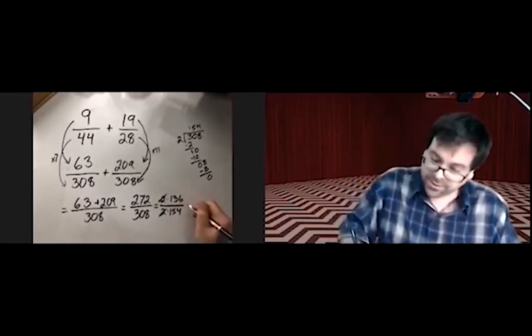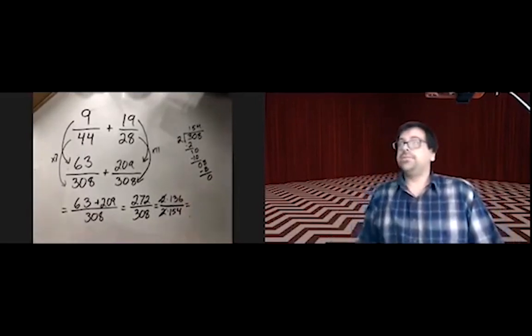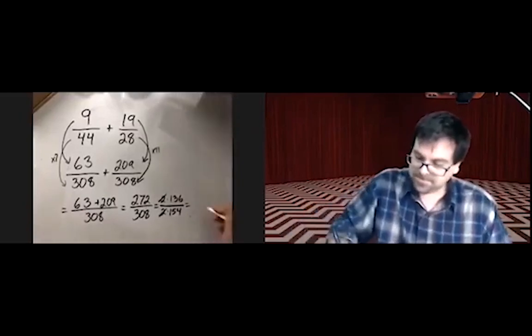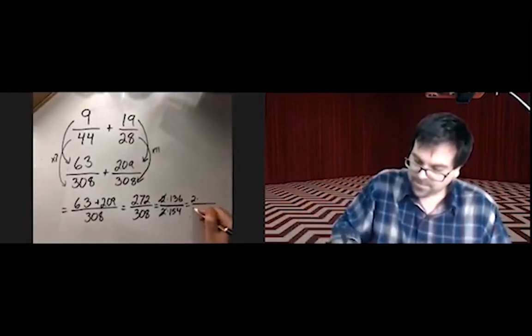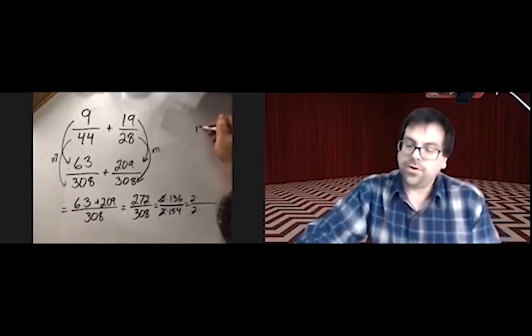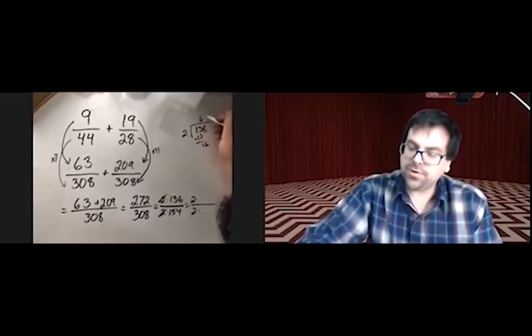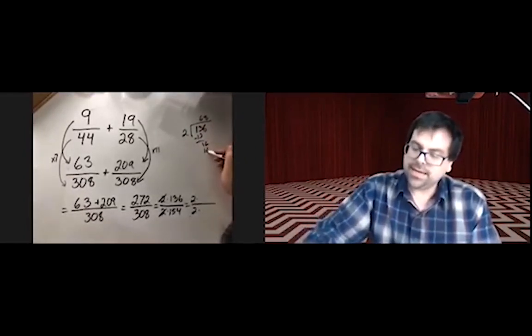Well, these are still even. So we could at the very least divide them both by 2 again. 136 divided by 2. 2 goes into 13 6 times. 2 goes into 16 8 times.